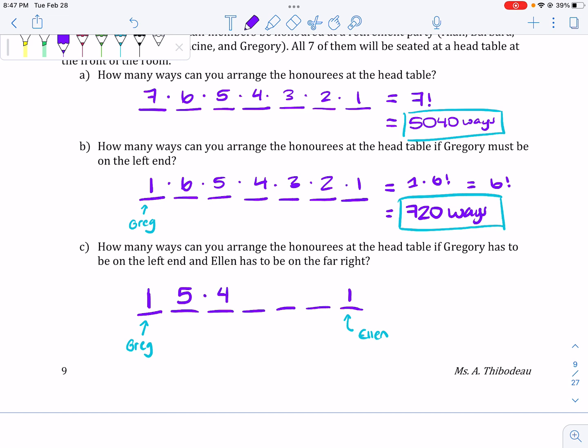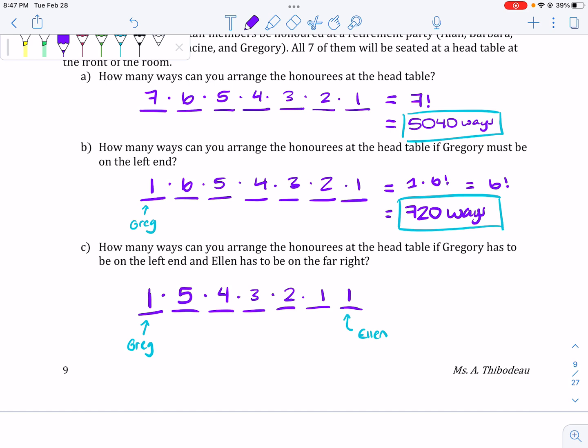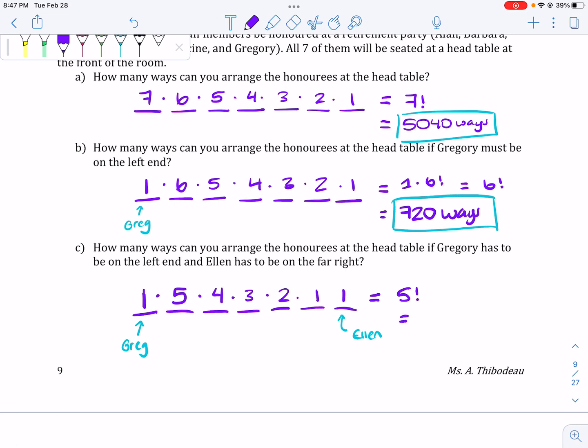Then there will be 4, then there will be 3, then 2, then 1. So this here is 1 times 5 factorial times 1. Or we could see that as just 5 factorial. And 5 factorial, when we plug it into our calculators, try it now, is going to be 120 ways.